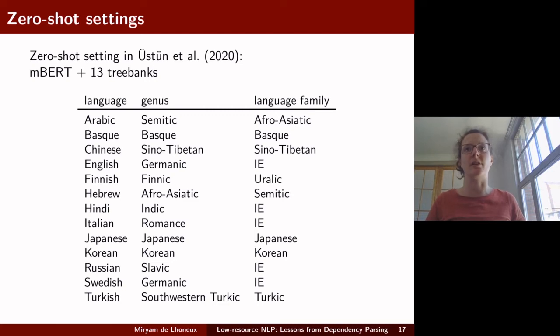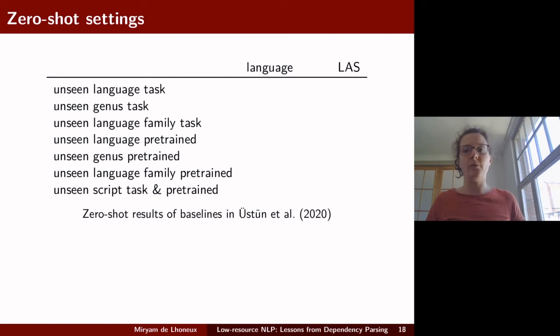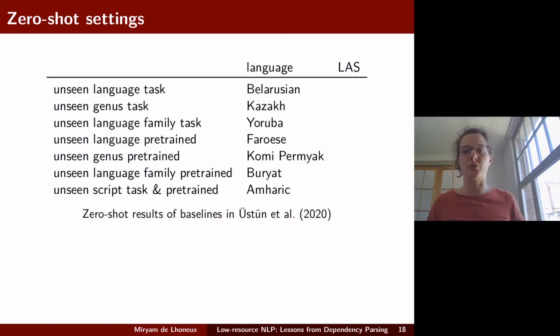As you can see, it covers quite a few language families, and the idea is also to cover different scripts. And now from this paper, I took a language that was tested in the zero-shot setting, for each of these categories, and look at the LAS score.